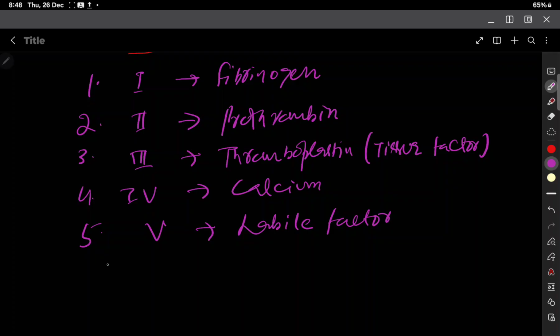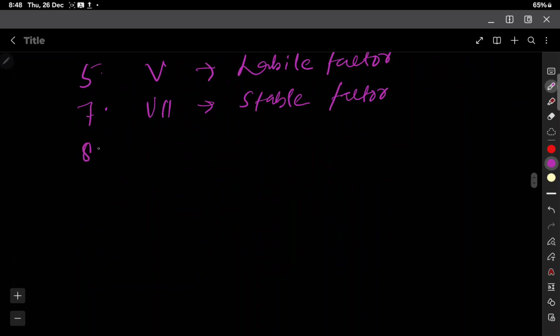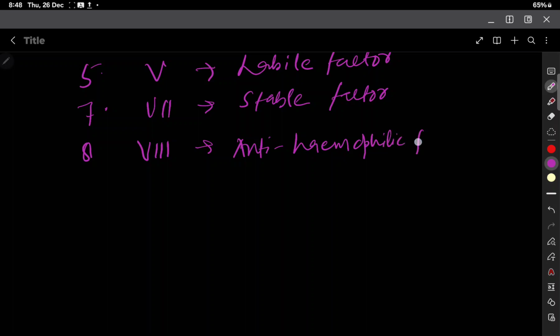Then there is no sixth factor, there is a seventh factor, which is called the stable factor. Then after the seventh factor, eighth factor, which is called anti-hemophilic factor or anti-hemophilic A factor.